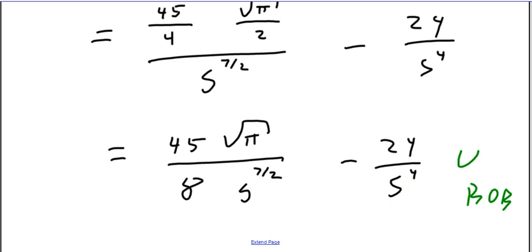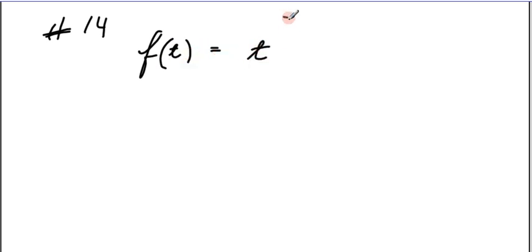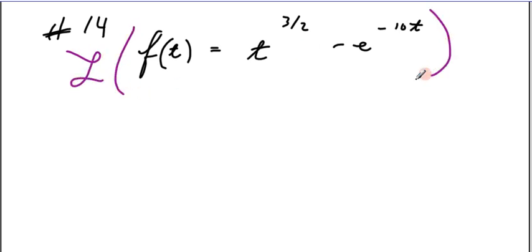And now we're going to do number 14. f of t is equal to t to the 3 over 2 minus e to the minus 10t. And we want to take the Laplace transform of that. And we're going to use our Laplace transform table number 7, which you should have printed out.